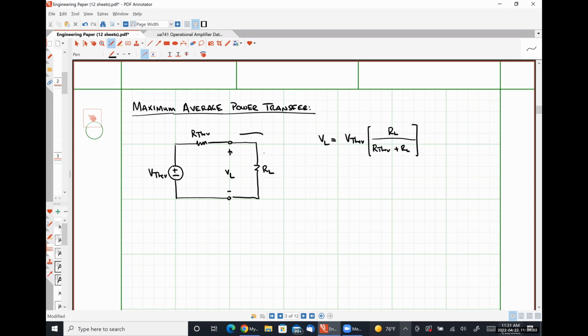We could find the current flowing through the load resistance IL using Ohm's law.